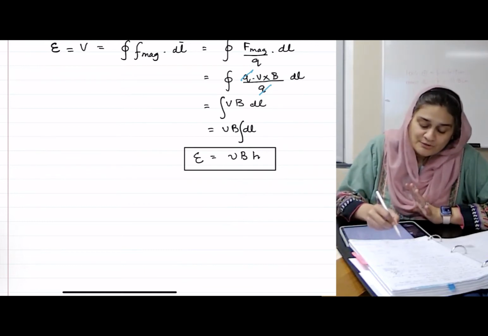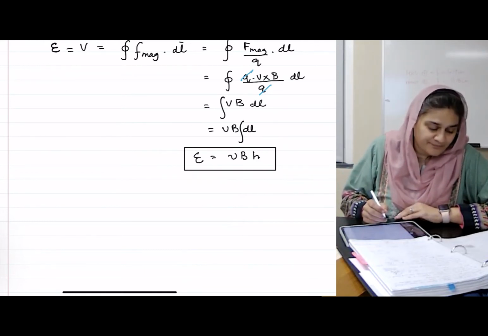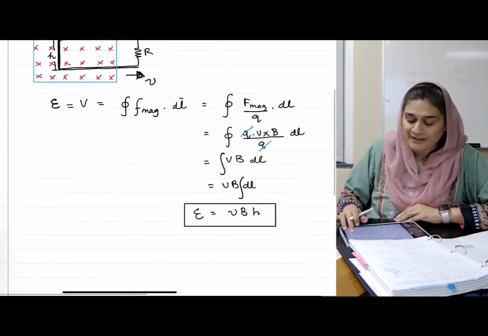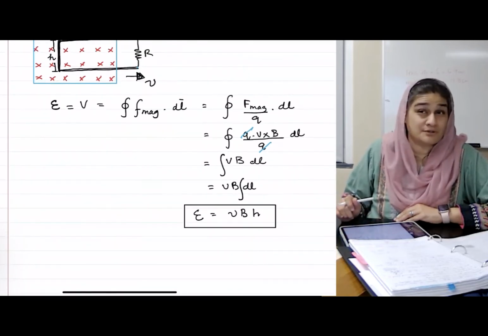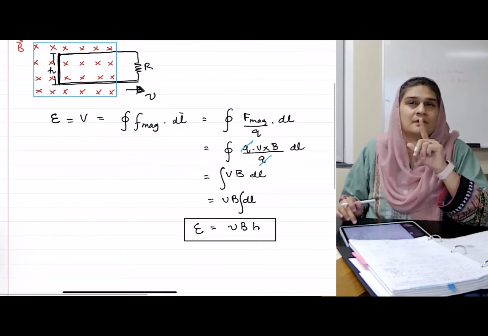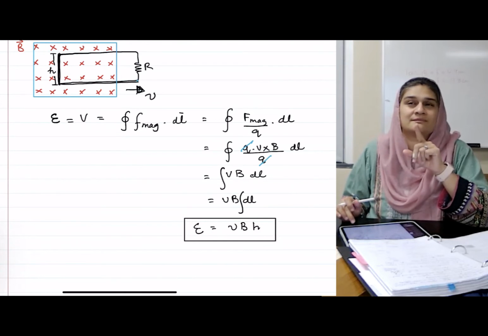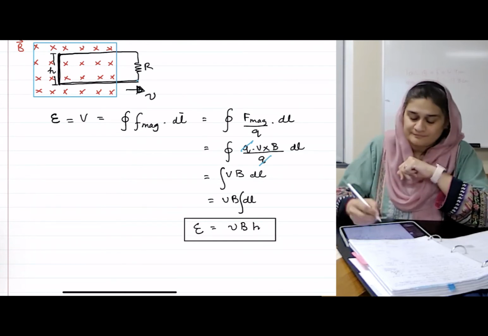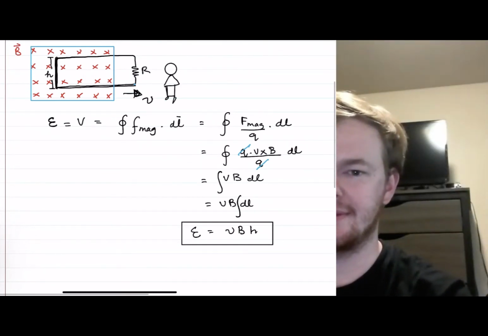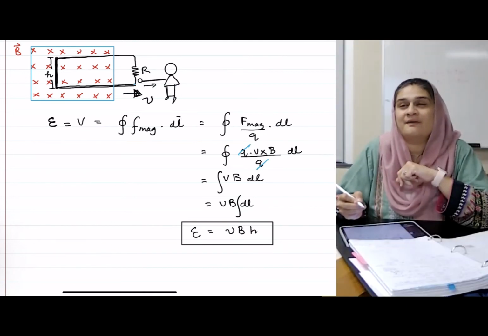Okay, now, do you remember when we were talking about magnetic fields? We said that magnetic fields don't do any work. But here I put it in, and it seems like the magnetic field is doing work. Yeah? Q, V cross B. Look carefully. Who's doing the work? The circuit. Whoever is pulling the wire itself.